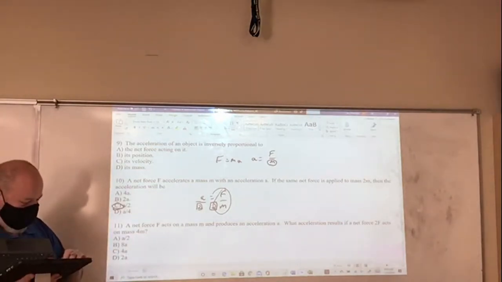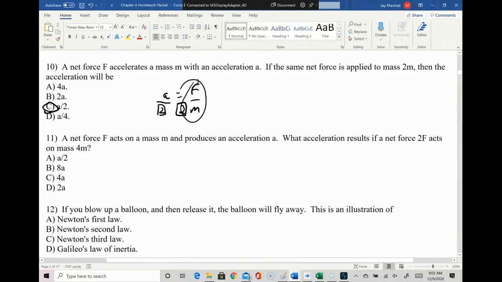Okay? Same kind of question here on 11. A net force F acts on mass m and produces an acceleration a. What acceleration results if a net force 2F acts on a mass 4m? Now I'm changing both of these, right? So what I'm going to do is write out my equation again, and I'm going to see visually what happens to both of these things.